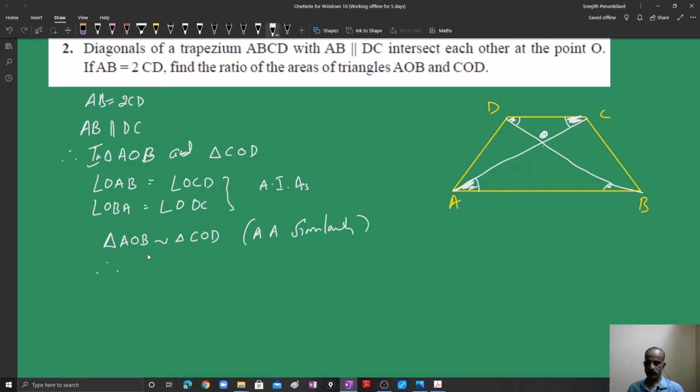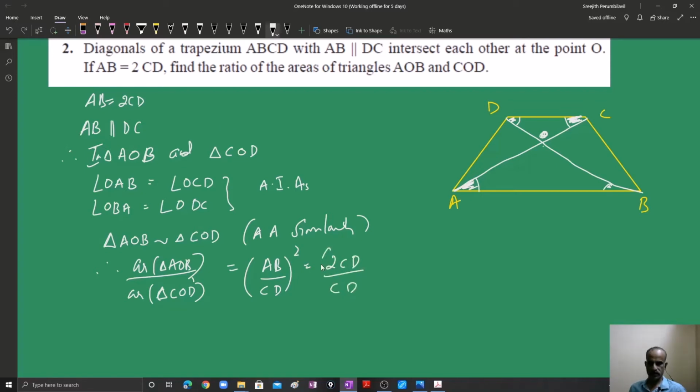Therefore, the ratio of the area of triangle AOB to the area of triangle COD is equal to, there are different sides but there is something given here, so I will take AB by the corresponding side CD, whole square. AB is given to be 2 times CD, so 2 times CD by CD whole square. CD and CD cancel, so that is equal to 2 square, which is 4, or 4 by 1. The ratio is 4:1. Clear?